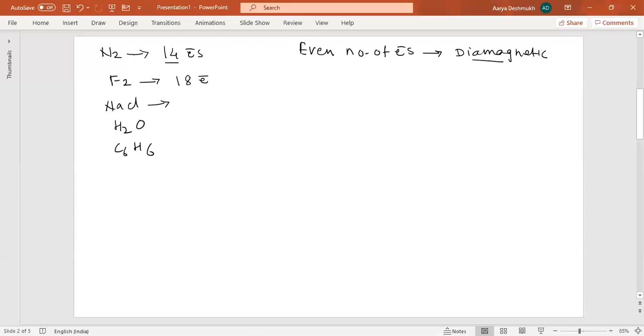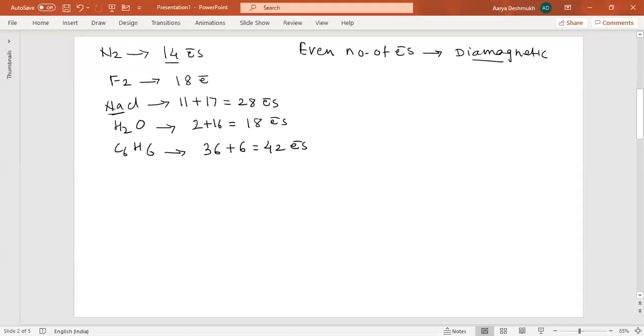In sodium chloride, the atomic number of sodium is 11, plus 17 electrons from chlorine, so 17 plus 11 equals 28 electrons, again an even number. H2O, that is 16 plus 2, equals 18 electrons, again even. Benzene, C6H6, that is 36 plus 6 equals 42 electrons, again an even number.